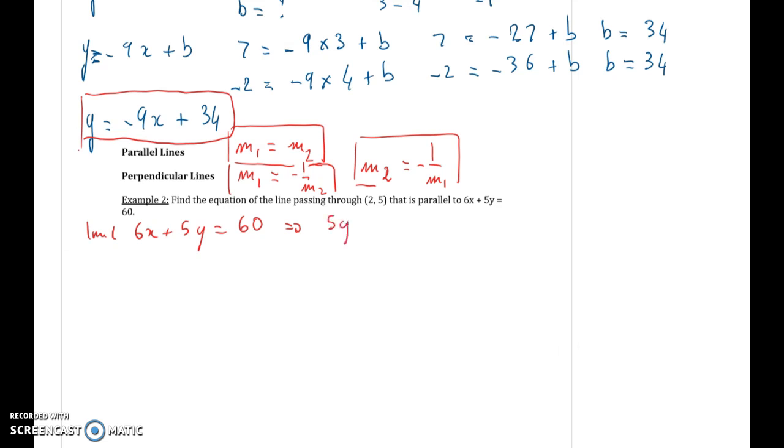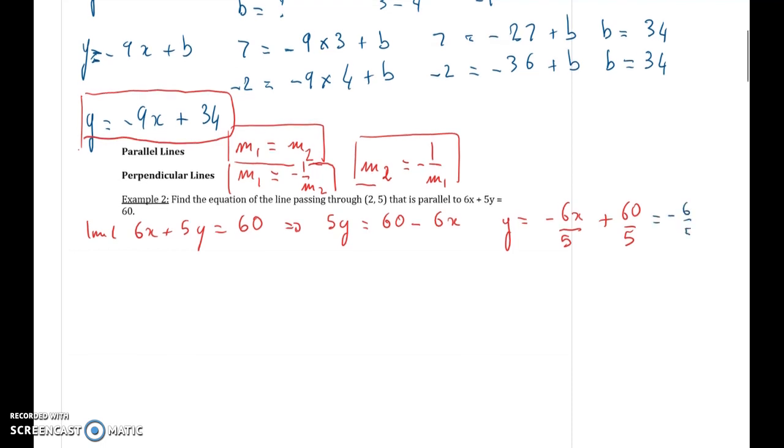So 5y equals 60 minus 6x, because I subtract 6x from both sides, and then I divide by 5 everywhere. So y equals negative 6x divided by 5 plus 60 divided by 5, and I end up with negative 6 over 5 x plus 12.